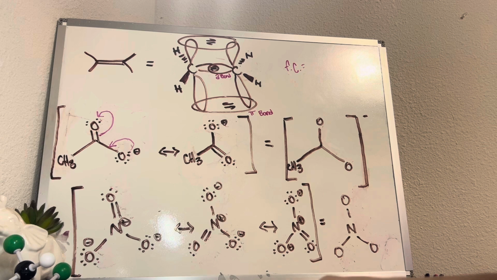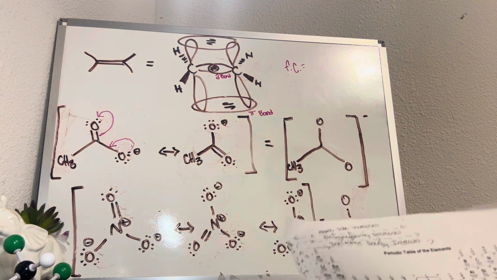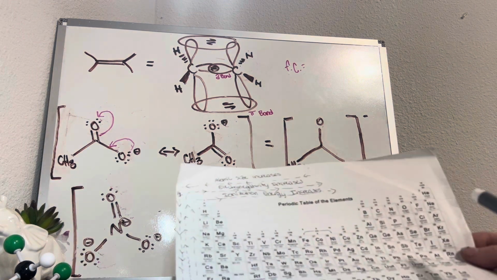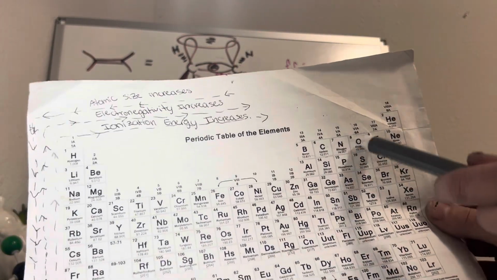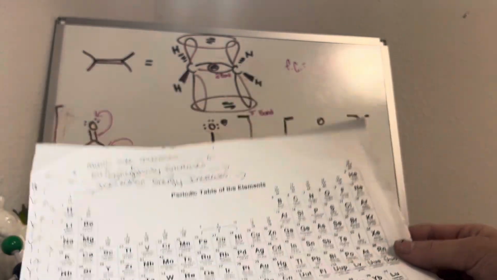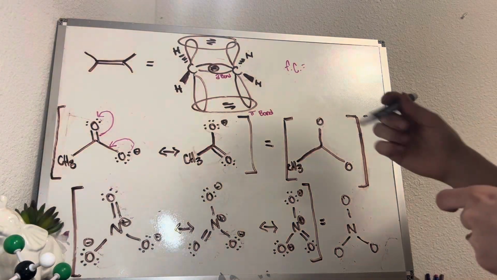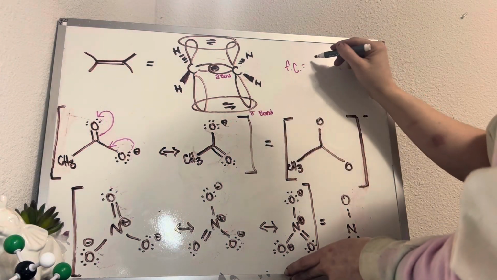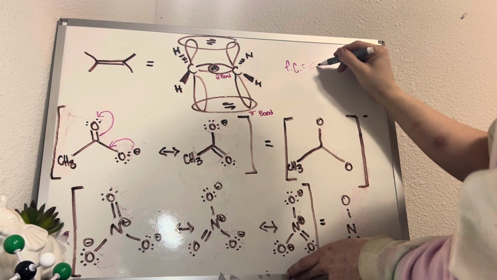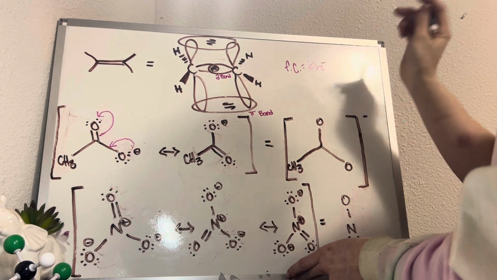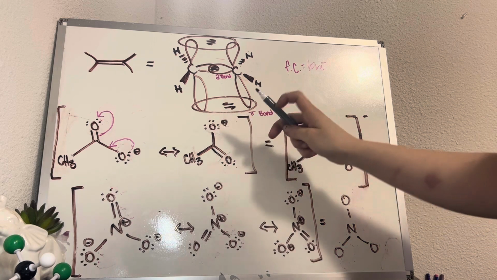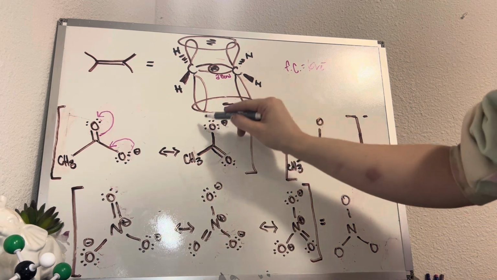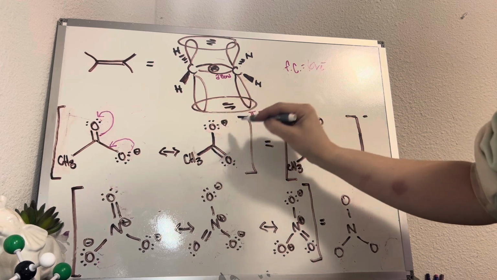So to determine formal charge in the atom, you're going to bring out your periodic table and look at what group oxygen is in, and you can see that it's in group 6 right there. And so we know that the oxygen atom wants 6 valence electrons in its outer orbital shell and its valence shell. And we are going to calculate how many it has based on what we are displaying in our Lewis structure.